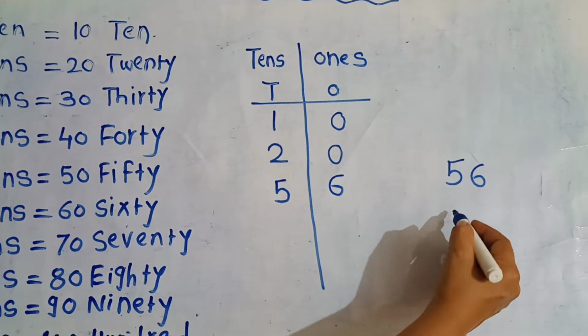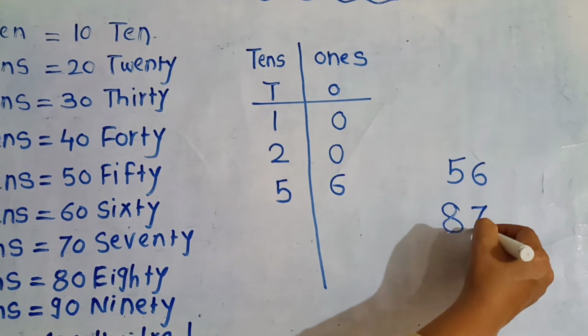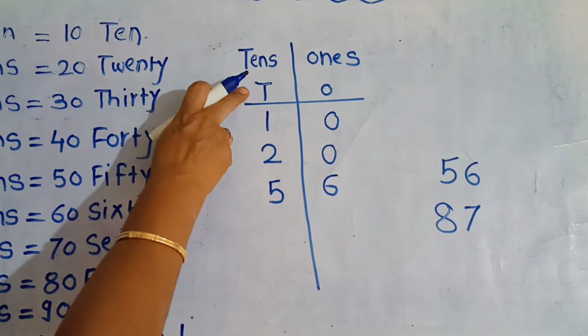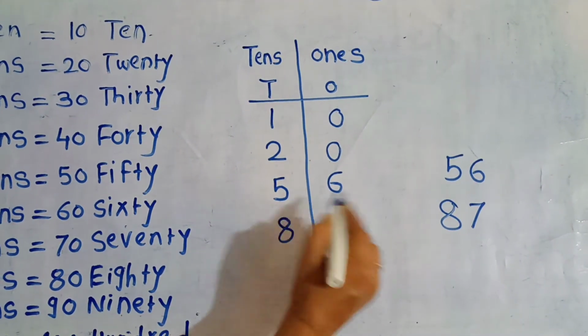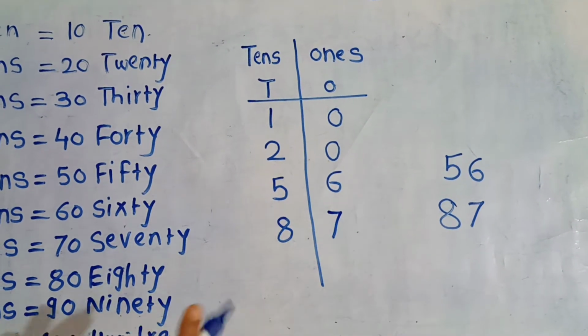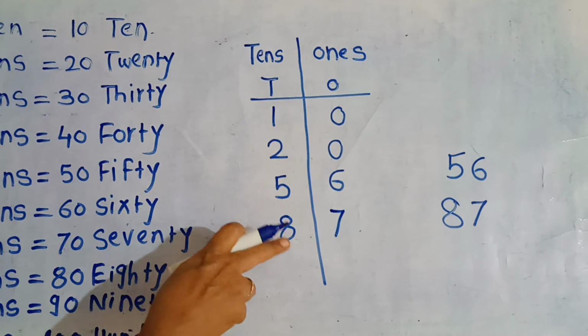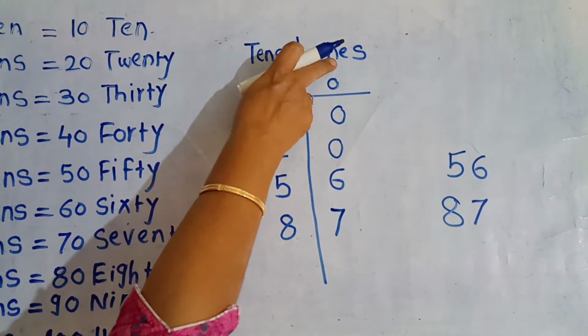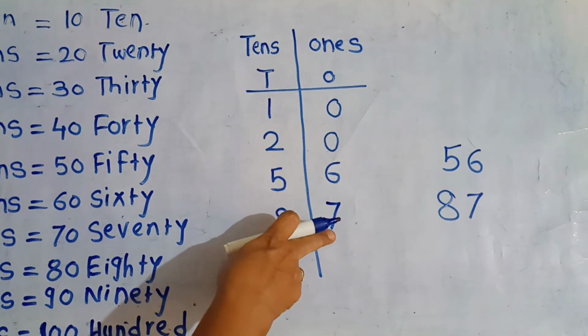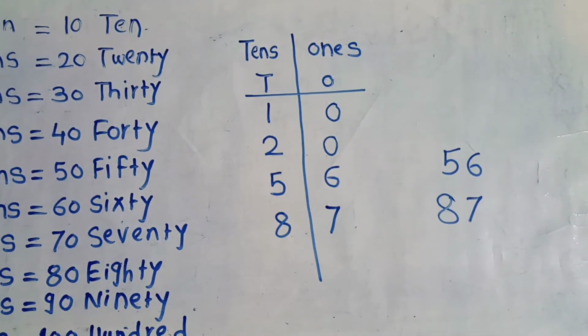Okay, another number, 87. So, 8 will come in tens place and 7 will come in ones place. Understand, children? Now you know how to write tens and ones. Means which number will come in tens place and which number will come in ones place.